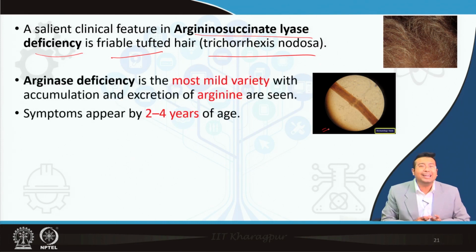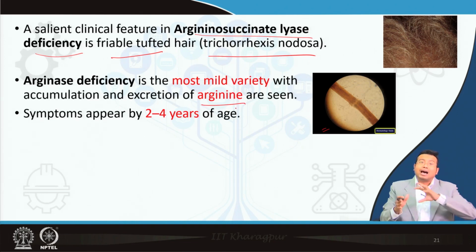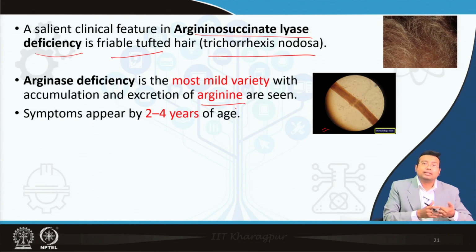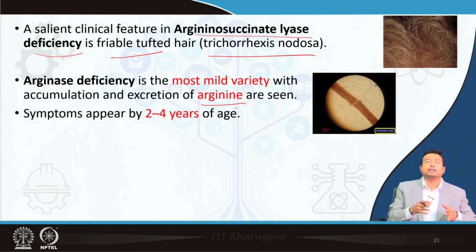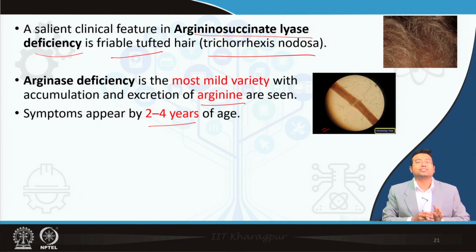The mildest deficiency is actually the last enzyme deficiency, arginase. Mind it, whenever the upper enzymes are inhibited or deficient, the disease manifestation is much more severe. As we move along the cycle, the symptoms become milder. In case of arginase deficiency, it appears within 2 to 4 years of age.